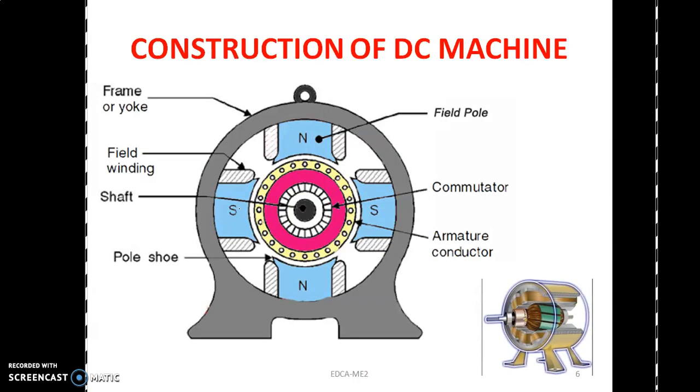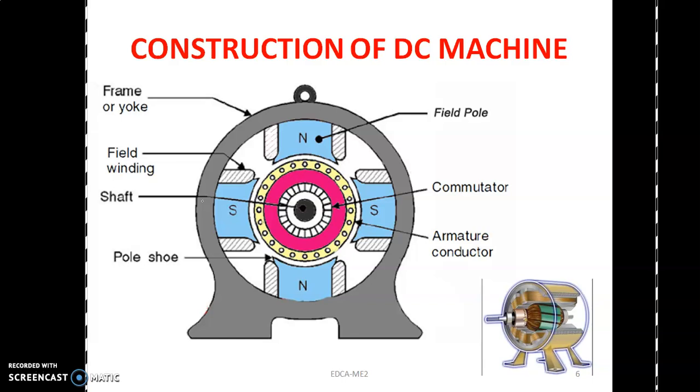Next we are going to see the construction of a DC machine. The construction of generator and motor are similar. Electrical machines basically depend on Faraday's laws of electromagnetic induction.